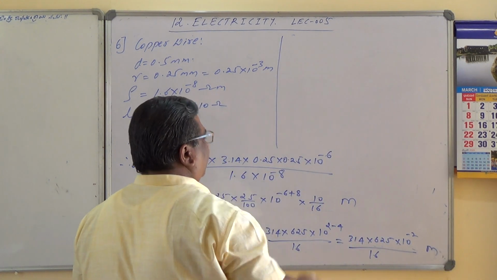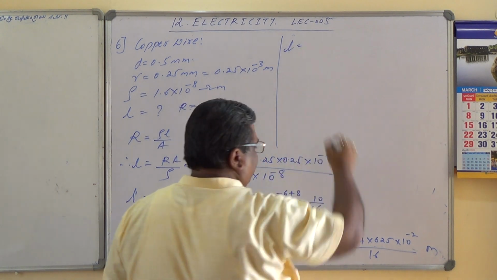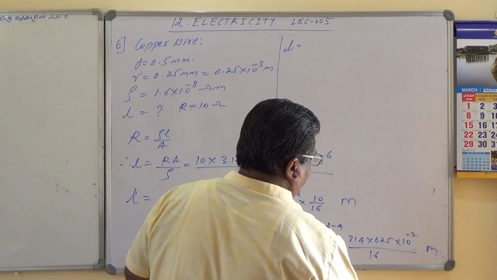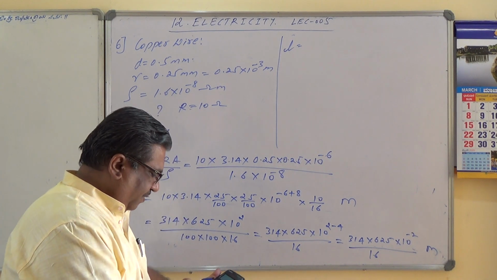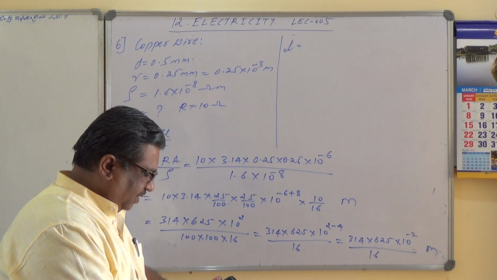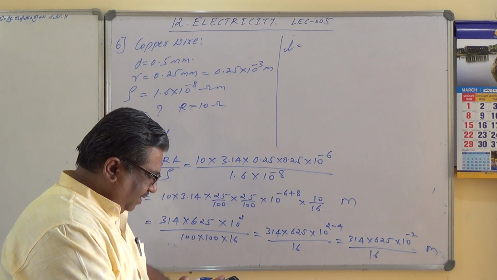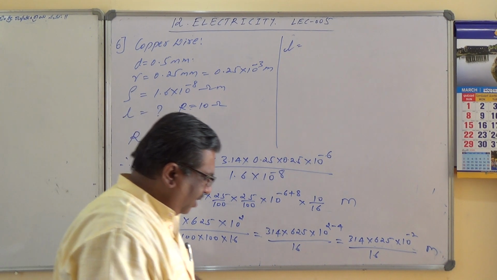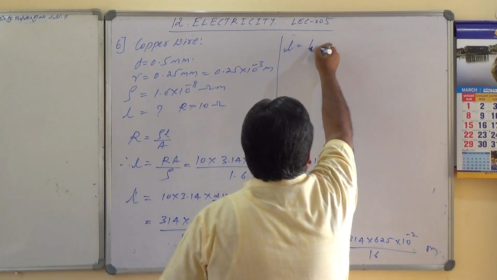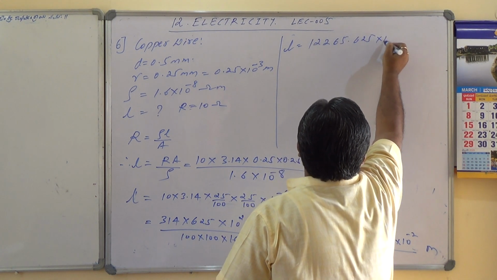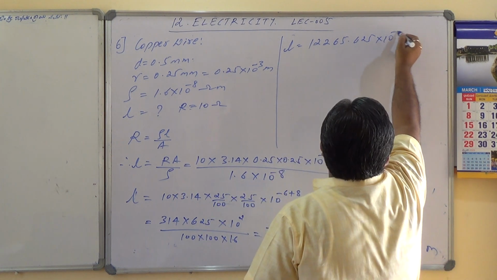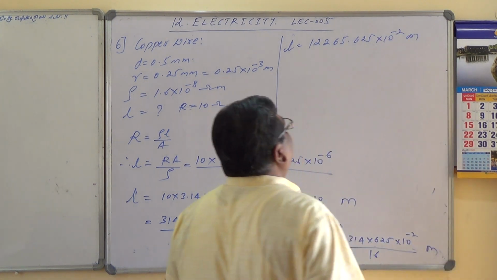So I'll solve here. Therefore L equals, let me work out 314 into 625 divided by 16, which is 12265.625 into 10 to the power minus 2 meter.